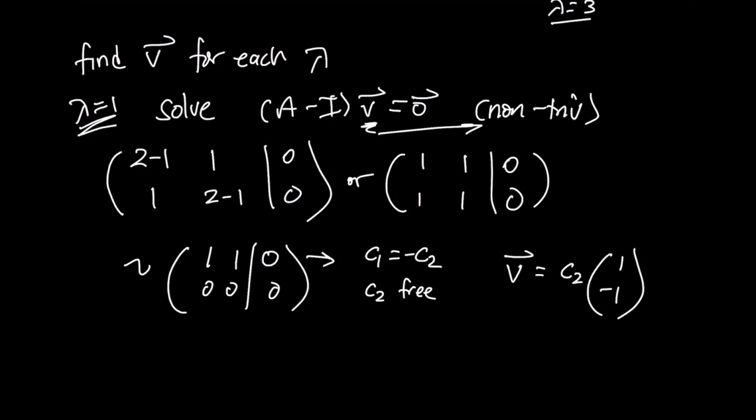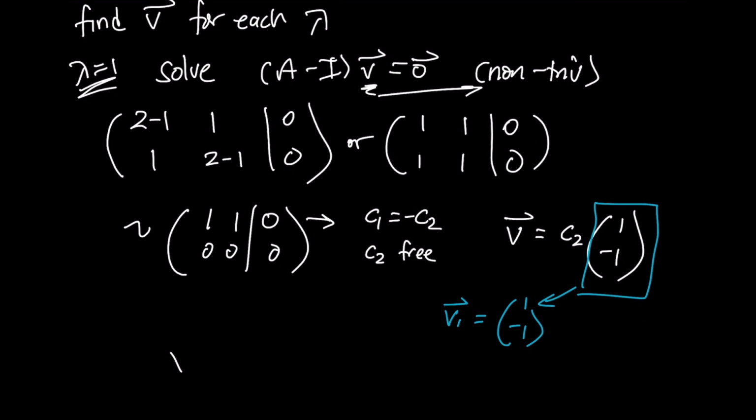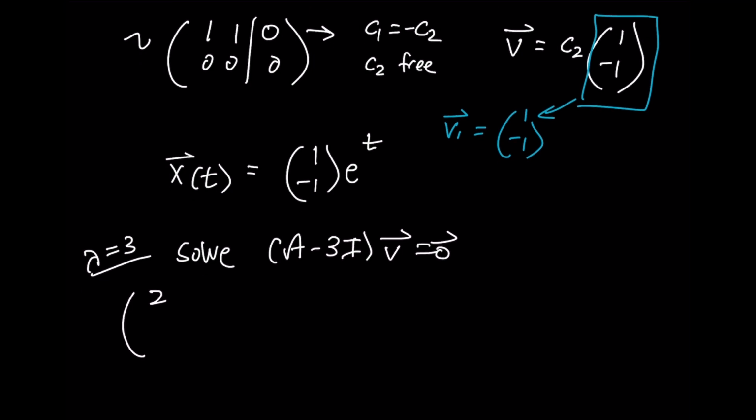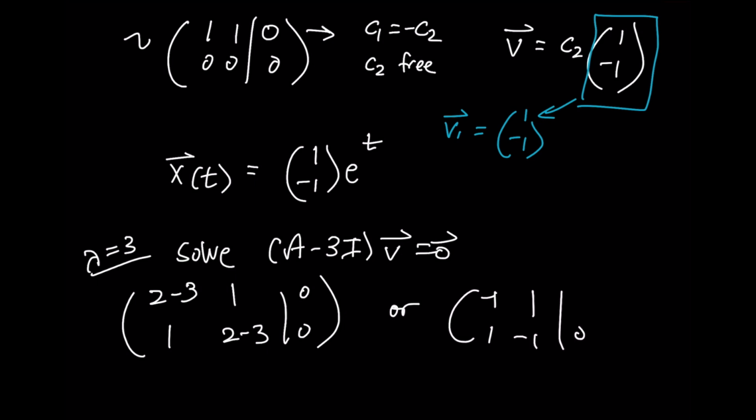So what we're going to do, as is standard for eigenvector notation, is take this basis vector to be the actual eigenvector. The solution is the vector 1, negative 1, times e to the t. Now, at the same time, if I were to take lambda equal to 3, what I then need to do is solve the system (A minus 3I)v is 0: 2 minus 3, 1, 1, 2 minus 3, augmented by zeros, or negative 1, 1, 1, negative 1, 0, 0.